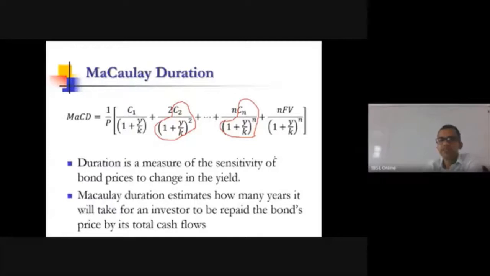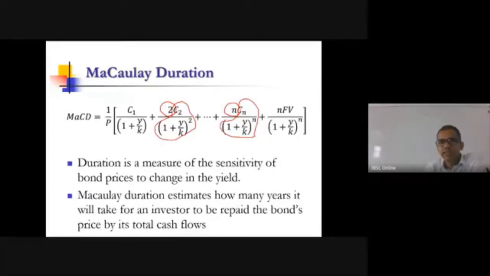This is the present value of the nth cash flow. So it is very similar to the pricing equation, but the only difference is all these present values are multiplied by this number. What is this number? That is timing.